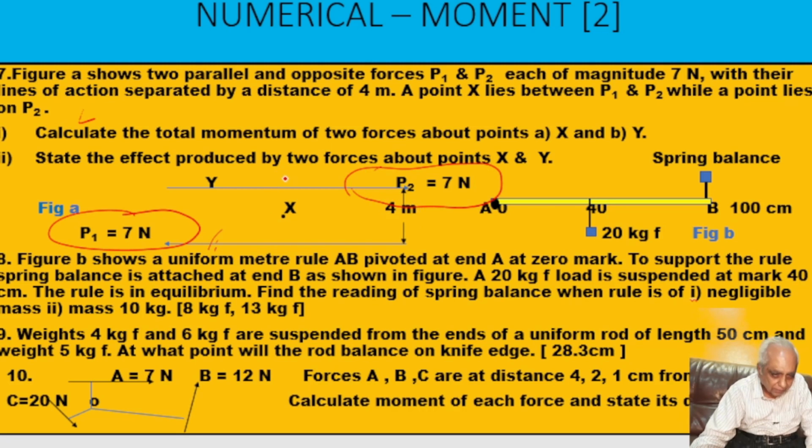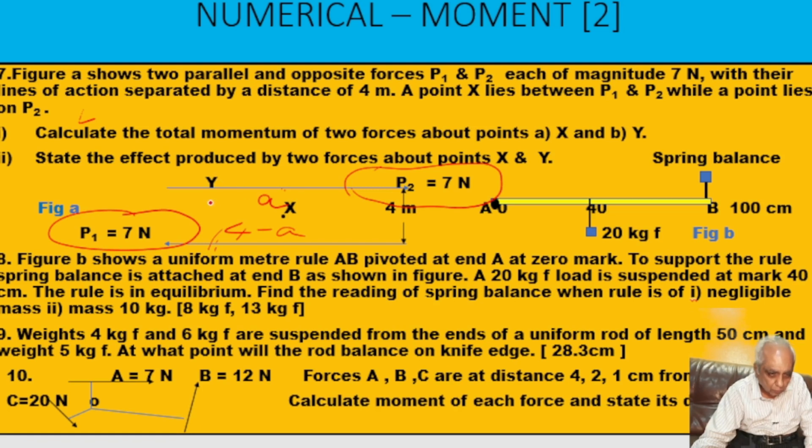Point X is lying somewhere between, not at the center. So let its distance be A from force P2. Then its distance from P1 would be 4 minus A. The question is to calculate the moment about X. Now P2 will rotate in clockwise direction and P1 will also rotate in clockwise direction, so both have to be added up.